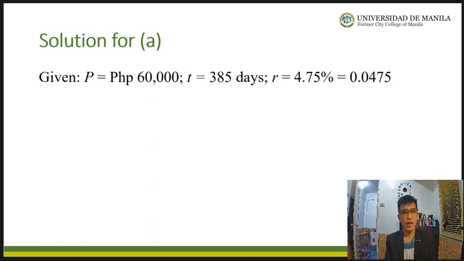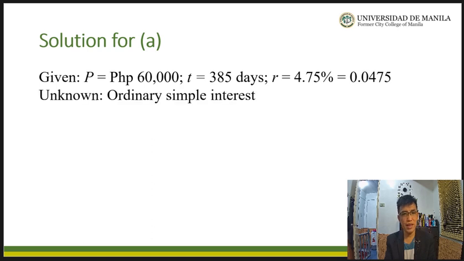And time here is in terms of days, which is 385 days, so more than a year. Okay, and the rate of interest is 4.75%, which is equivalent to 0.0475. And what we are asked to do is to find the ordinary simple interest.